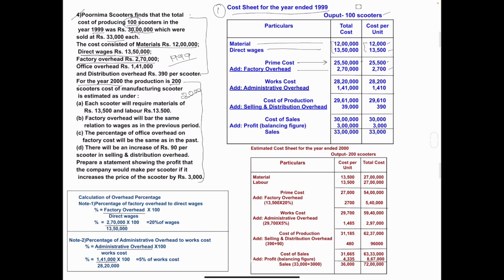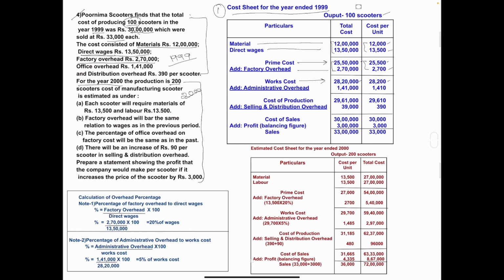Single item is there, so add these two. 25 lakh 50,000 plus 2,70,000, total is 28 lakh 20,000. Here 25,500 plus 2,700, total is 28,200. This is called works cost.